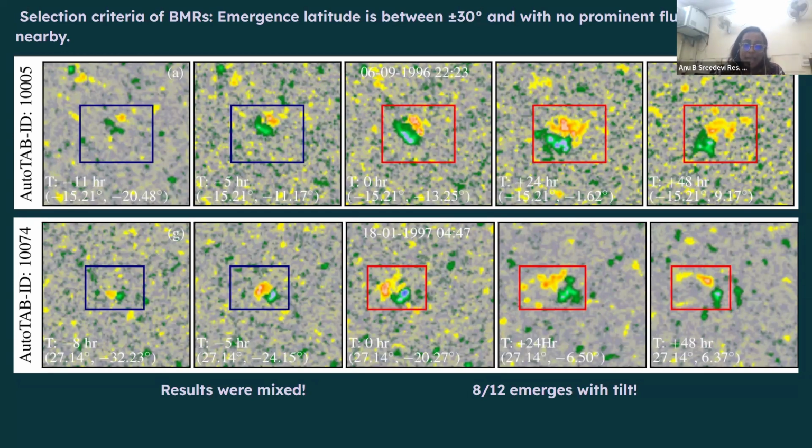As for Coriolis force as a reason, I wouldn't give a yay or nay. I would give a maybe. But what we believe is that some part of the tilt that is observed in BMRs is due to the Coriolis force.